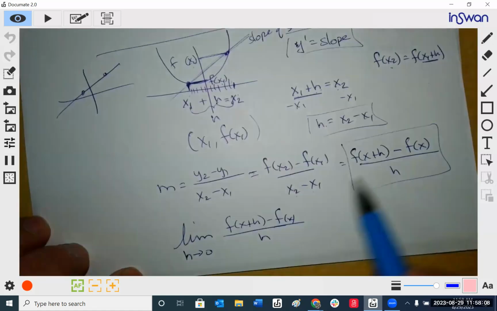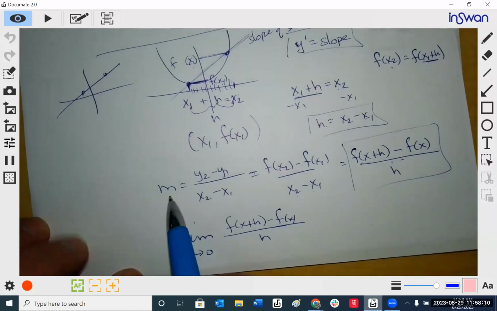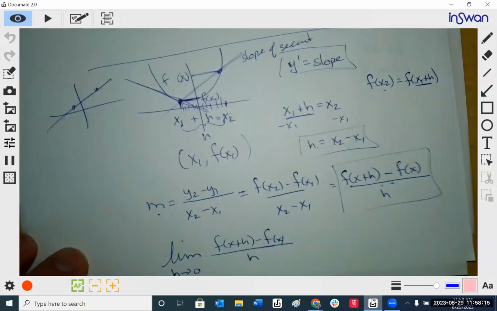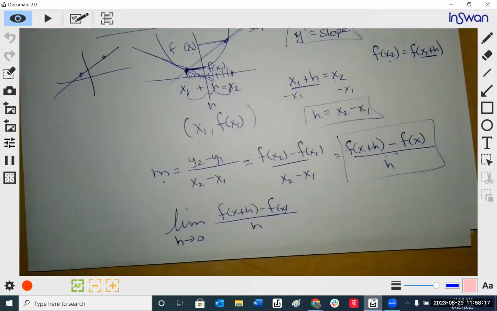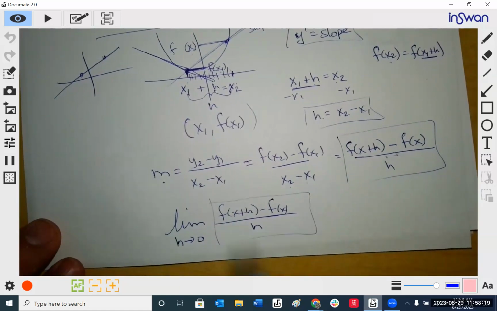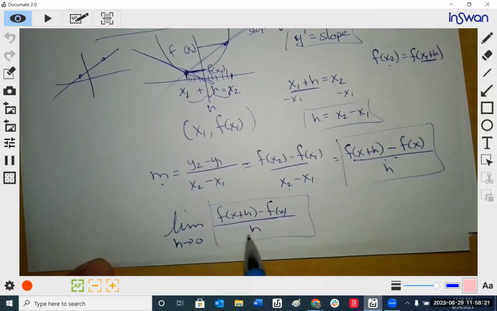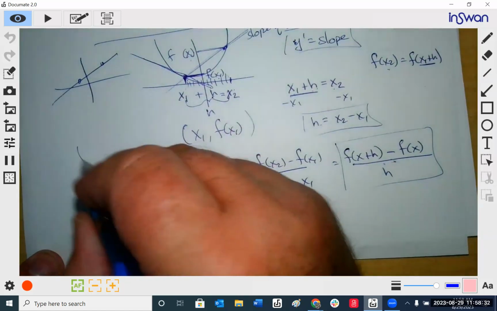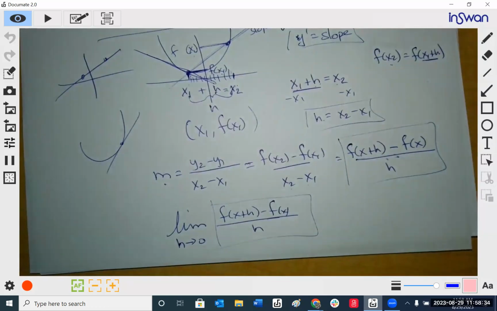And eventually, the slope that we're finding becomes the slope at this point, and it's a tangent line. This tells us the slope formula, and because the distance between the 2 points is 0, it's the slope of a single point on a curve. And that slope has to be a tangent line. Did I confuse you even more, or did I answer your question?